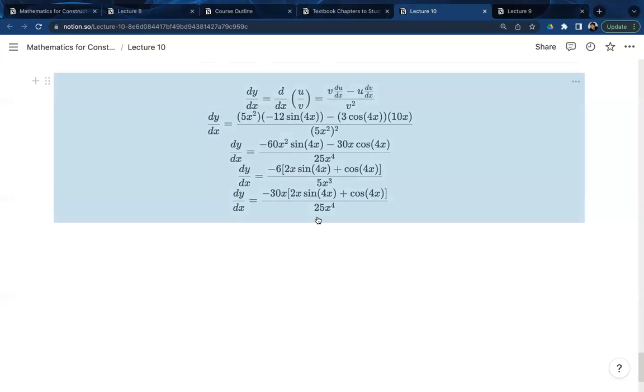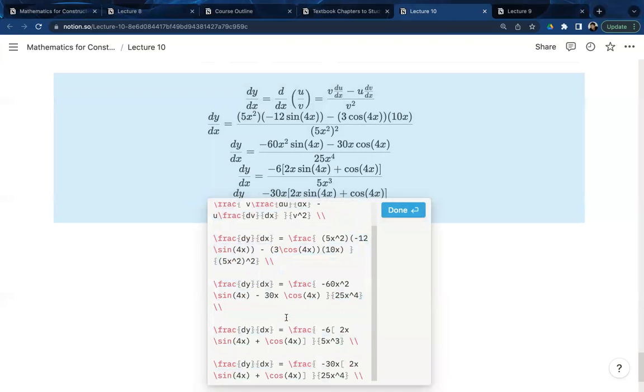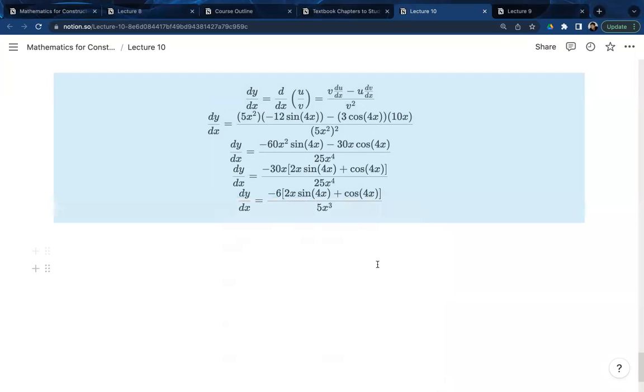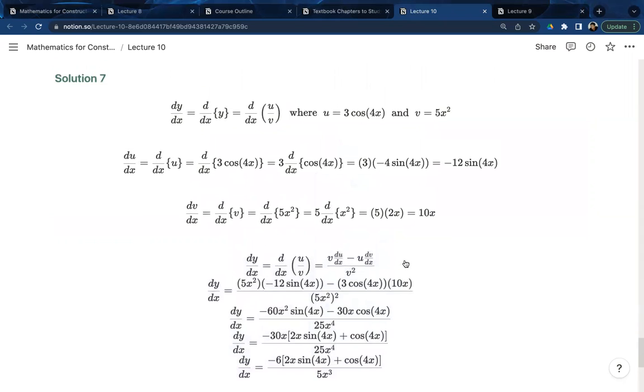This x up here, oops, I forgot. So negative 30 by 2 is 60x squared, and negative 30 by 1, negative 30, right, over 25. 5 into 30 is 6, 5 into 25, 5. This x up here cancels with this x down here to give x cubed, and this is the derivative.